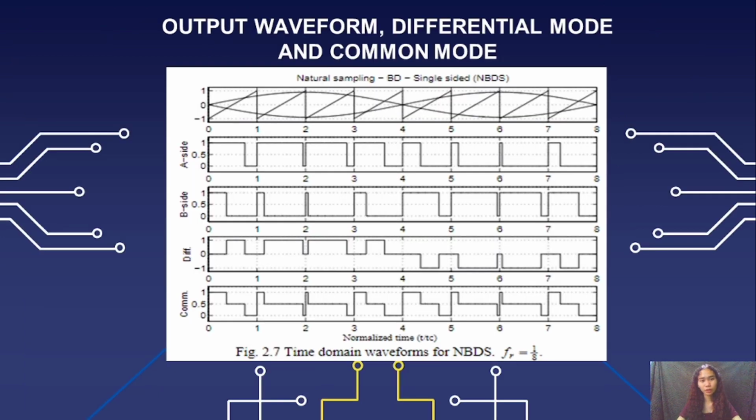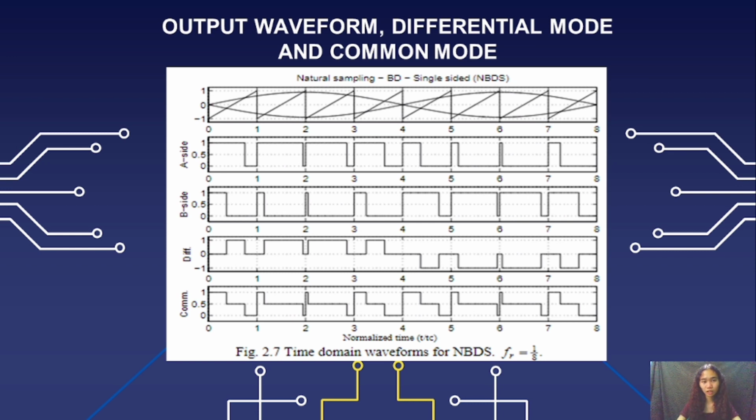I will discuss more about the NBDS output waveform, its differential mode, and common mode. As you can see in this picture, there are two analog signals. The first analog signal represents the A side. If the analog signal is higher than the sawtooth carrier, it will result in 1.